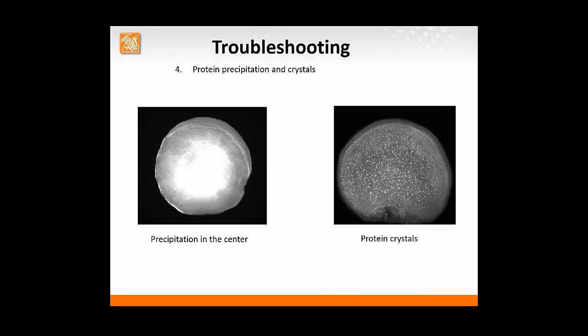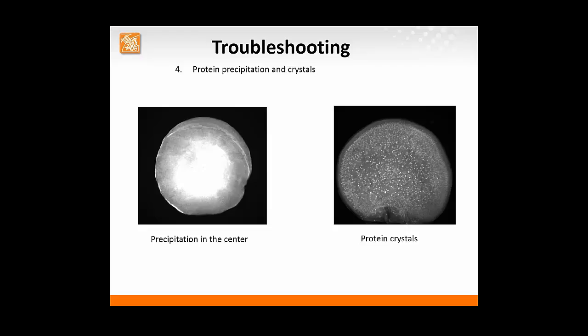The last set of problems is related to protein precipitation or occurrence of crystals in the droplet. And of course, if you bleach a part where the protein is precipitated or the part of the droplet where there are crystals, you might get no diffusion of the protein, while in other parts of the LCP the protein will be diffusing well.